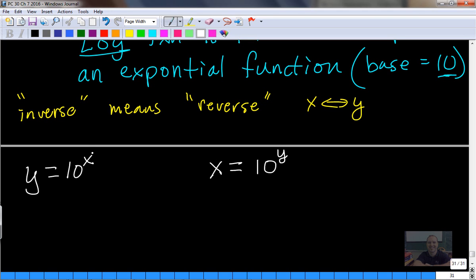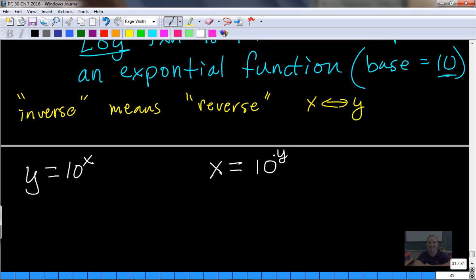So that means the x would come out of this position and the y would go into the exponent position. Okay? Now, how do we solve for y? This is the trick. I mean, you can't just divide by 10 because this isn't 10 times y, right? This is 10 to the power of y. So what's the inverse of 10 to the power of y? How do you get the y out of there? How do you reverse that?